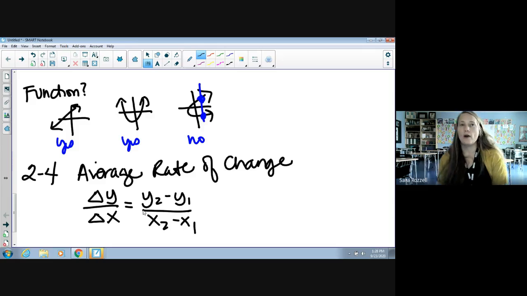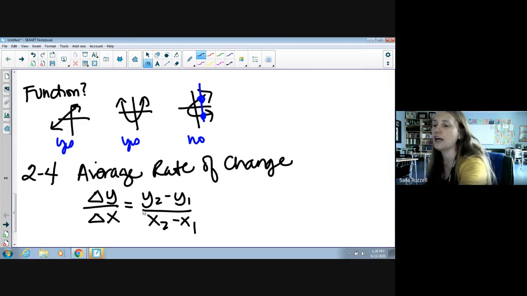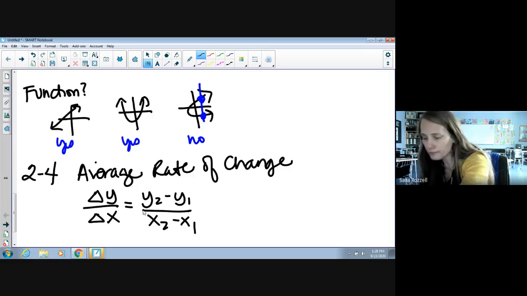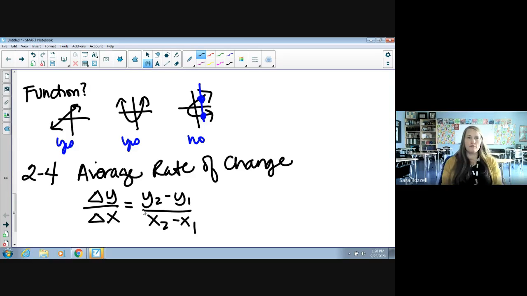One other way that we can write the average rate of change, we don't really use it a whole bunch, but it does show you exactly what you're doing. If you know about ordered pairs, you can use the slope formula. Sometimes they give you two values, A and B, and a function, and they want you to evaluate for it.